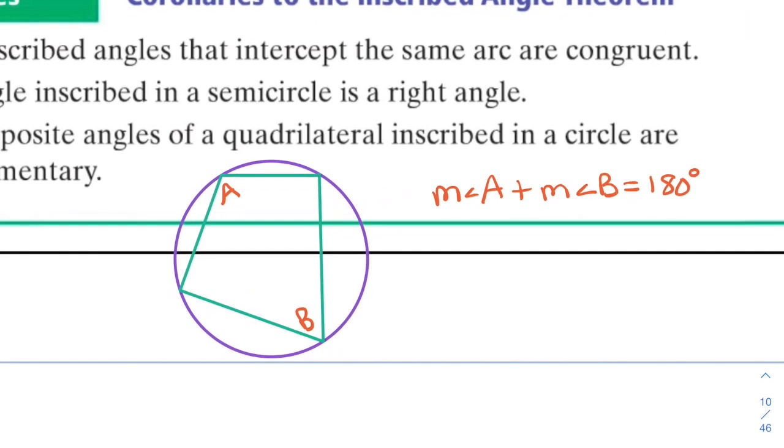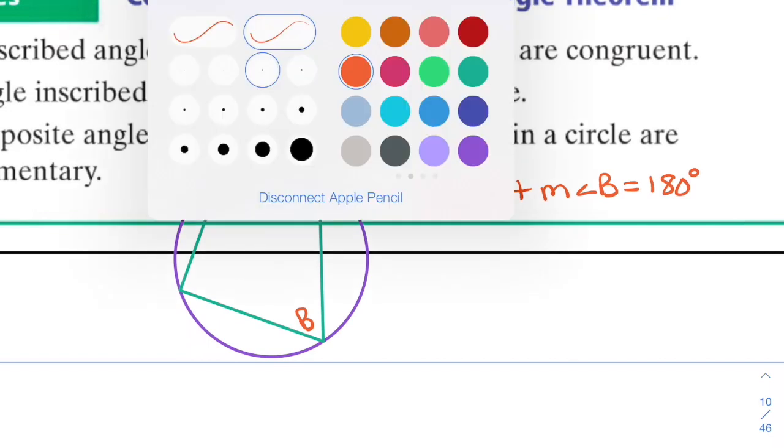Find half of 360, it's 180. So however that breaks out, it might be, I don't know, 200 and 160. So half of that is 180. So A plus B will add up to 180.